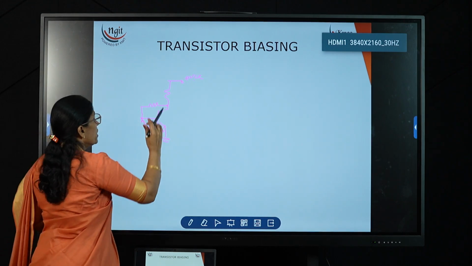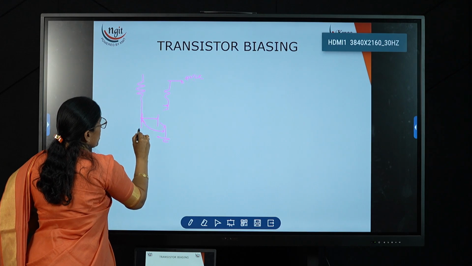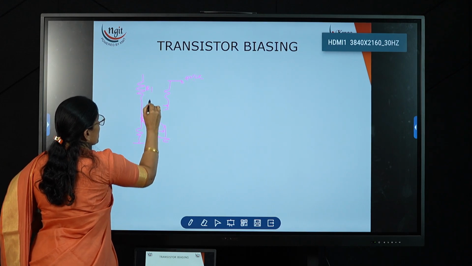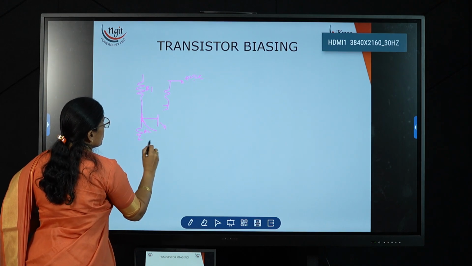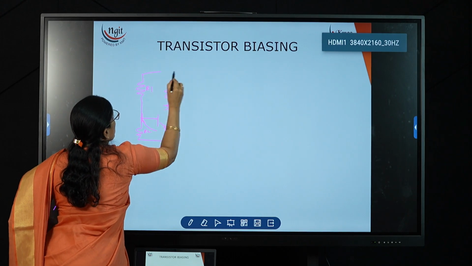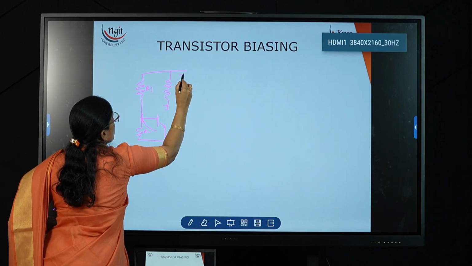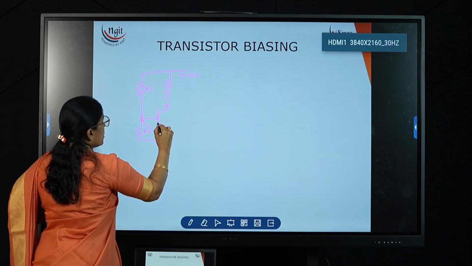And the third one is connecting two resistors like this: resistor 1, resistor 2, and we are grounding here. Resistor 1 and resistor 2 are connected to the base.